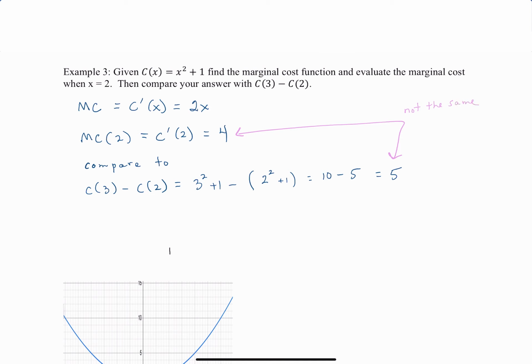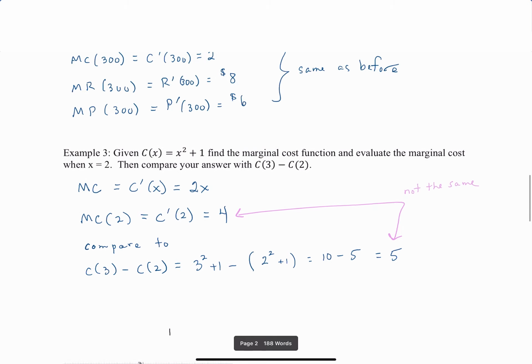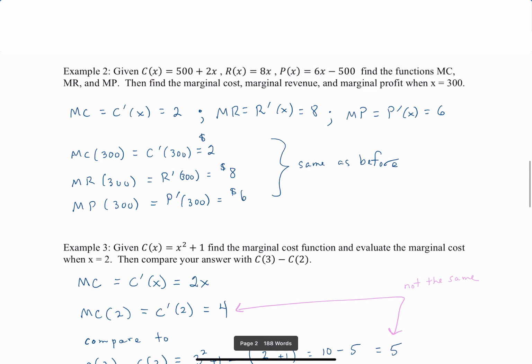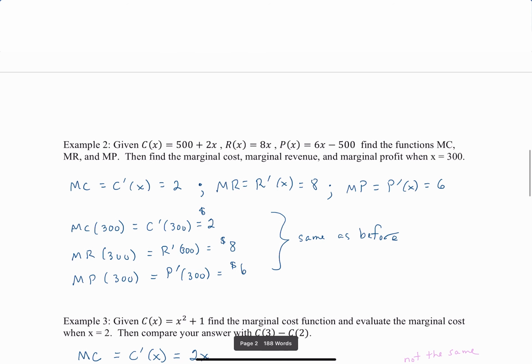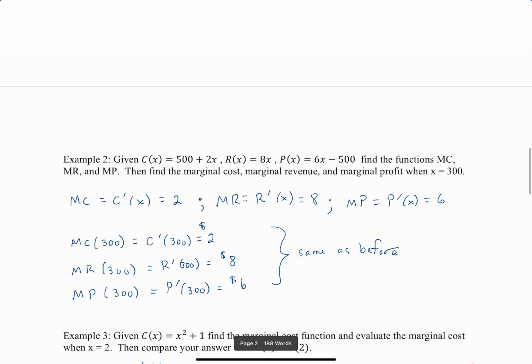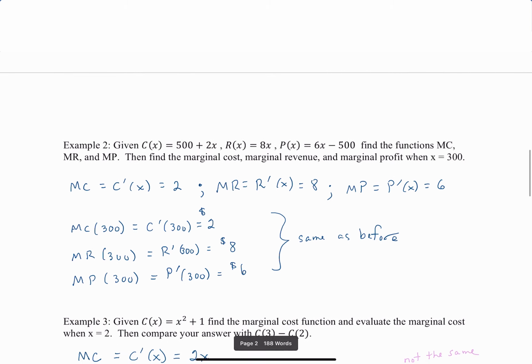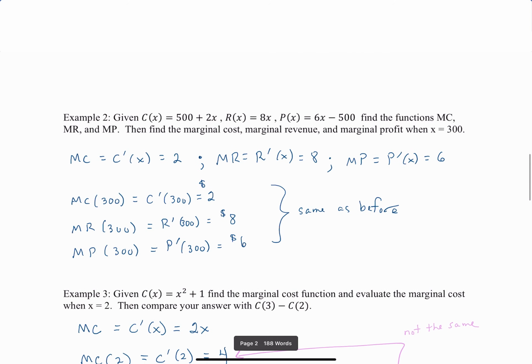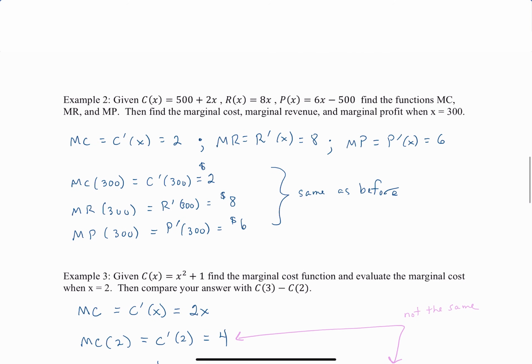So using the derivative for the marginal stuff seems kind of bad. I mean, first of all, up here, where we used the derivative instead of simply subtracting the two function outputs, we got the same exact values. So what's the advantage to using the derivative?